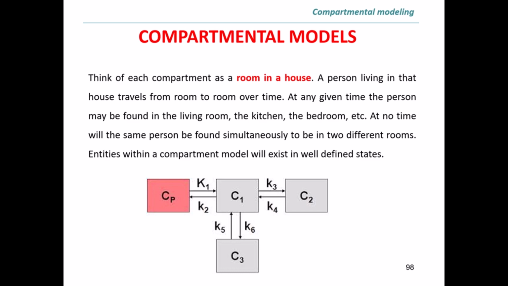Entities within a compartmental model will exist in well-defined states. So the person represents a molecule inside the compartment, and cannot be found simultaneously in two different compartments, just as we cannot find the same person in two different rooms of a house at the same moment.